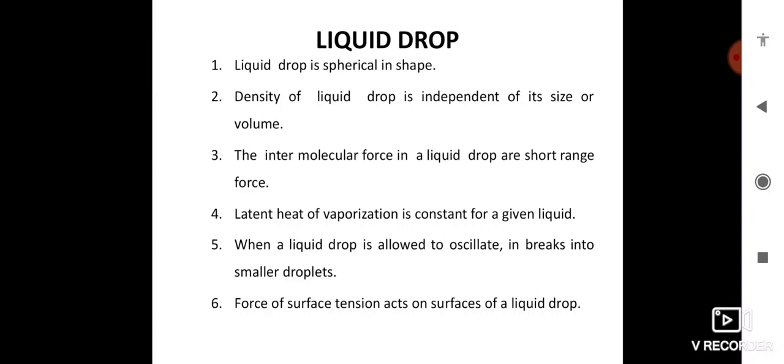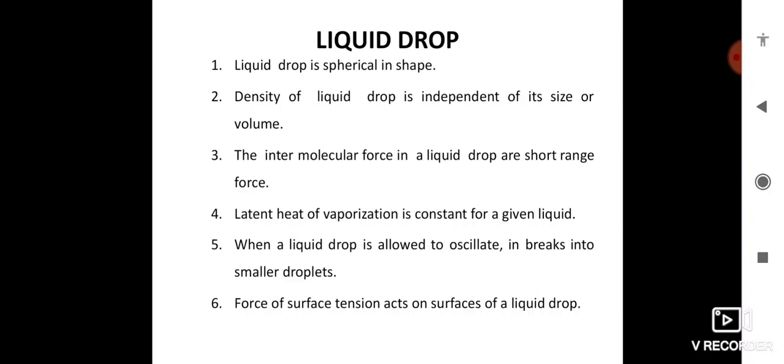And when a liquid drop is allowed to oscillate, what happens? A bigger liquid drop breaks into smaller drops, and the force of surface tension acts on the surface of a liquid drop. These are the properties of a liquid drop. Liquid drop is spherical in shape.